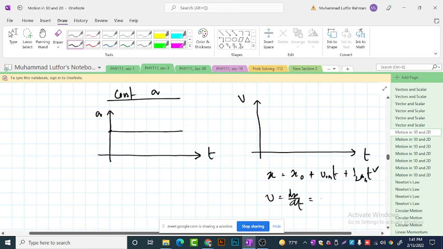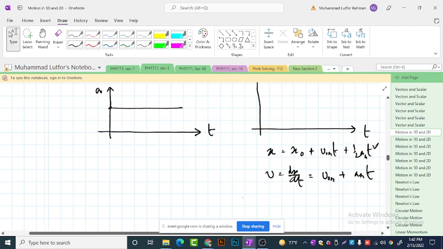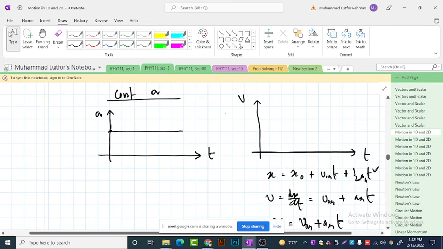That gives me v naught x plus a x t, right? So v equal to v naught x plus a x t, which is again y equal to c plus mx, where m is the slope.